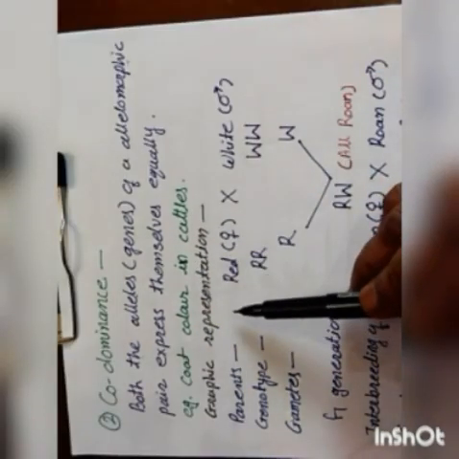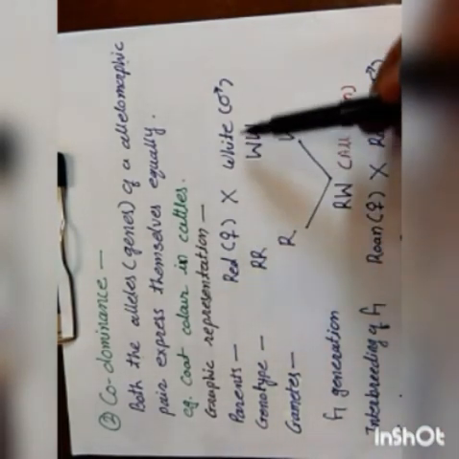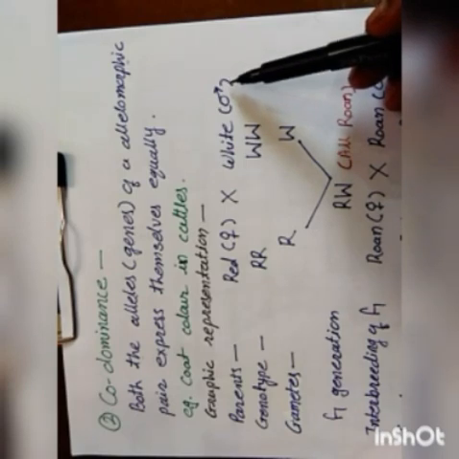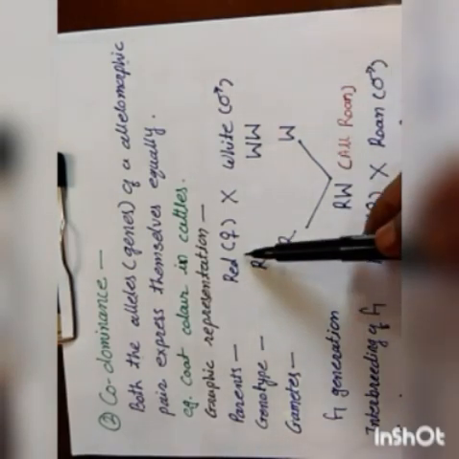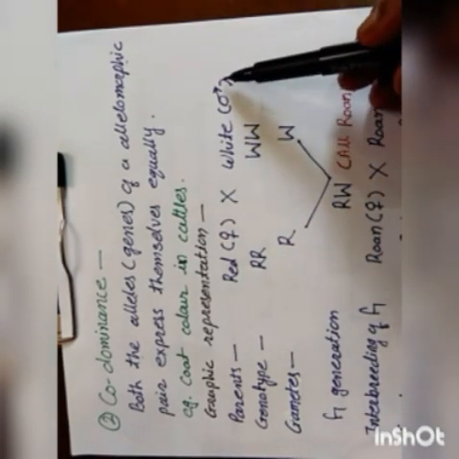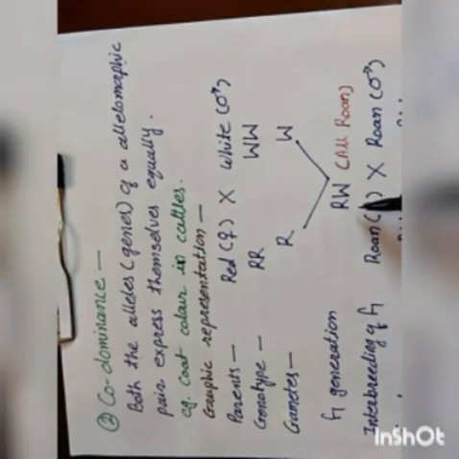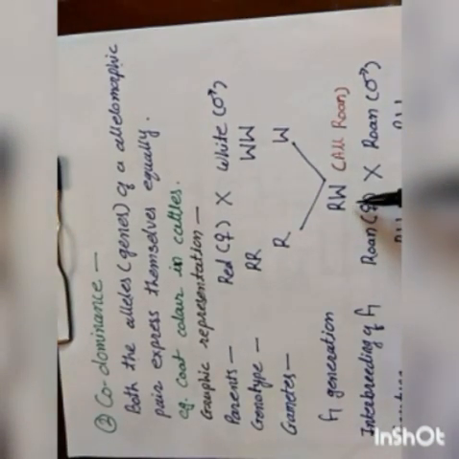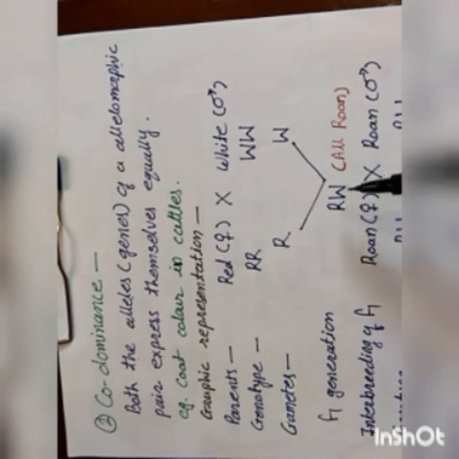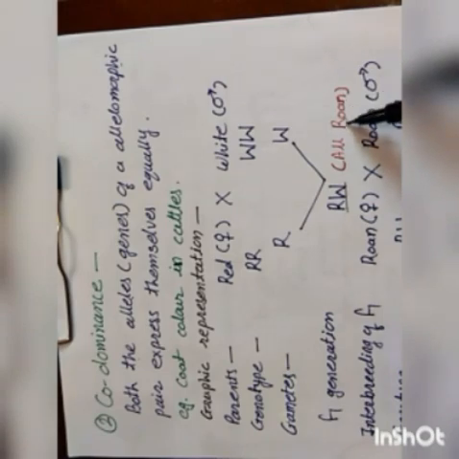There are two varieties of cattle, red coat colored cattle and white coat colored cattle. When a red coat colored cow is crossed with a white coat colored bull, the F1 progeny is obtained with both coat colors produced in equal proportion, and that progeny is called Roan.